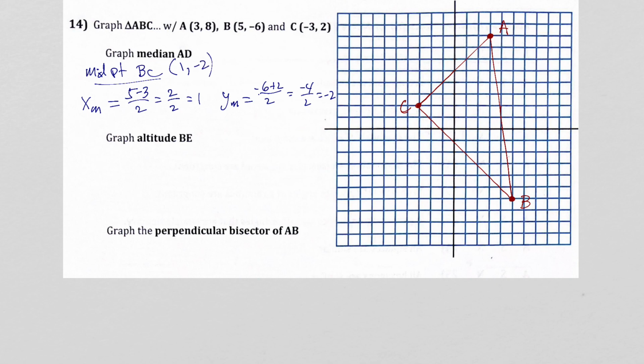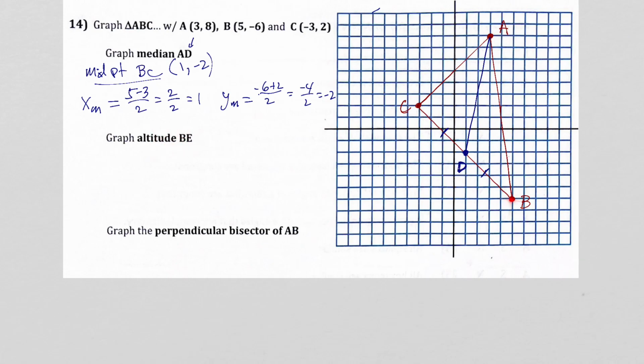So the midpoint is 1, negative 2, which is right here. And then I'm going to label that point D because it's AD. This is point D. And I'll draw a line from A to that point. And we need to show that that's the midpoint, but you need these markings. That has to go there like that. And that's it.